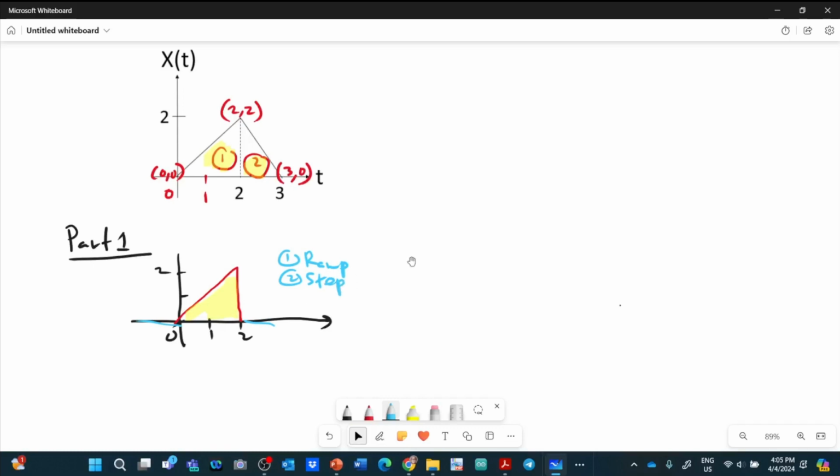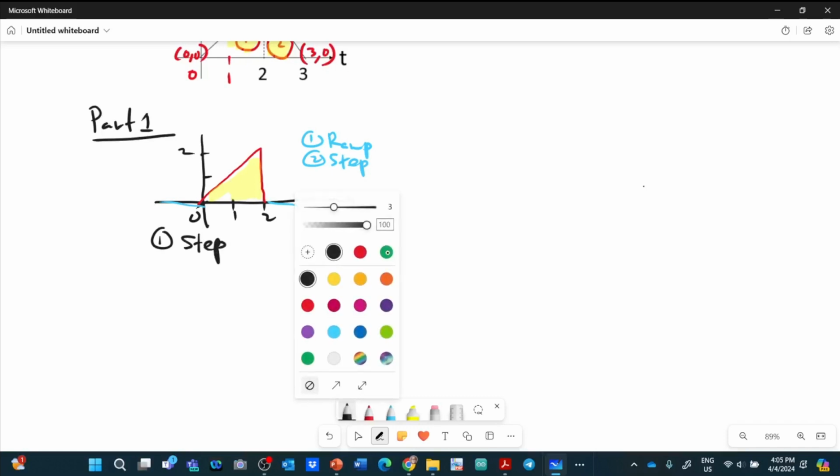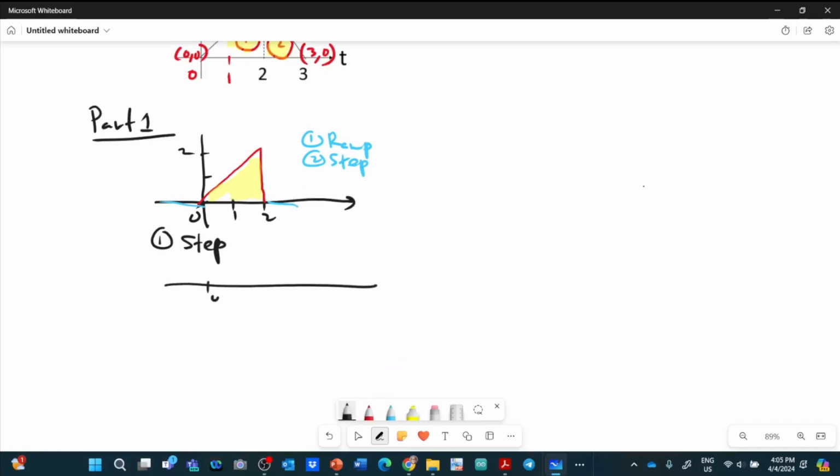Okay, 2 je lah dalam ni. Okay, so based on that, the easiest way to answer, of course, step dulu lah. Step, rupa dia macam mana? Rupa dia adalah step, one, 2 is something like this. Step down, right?